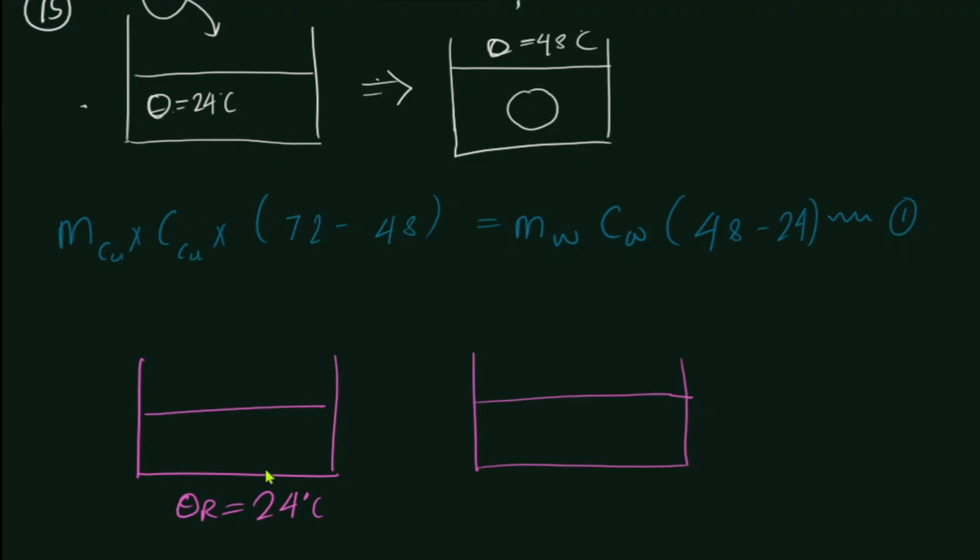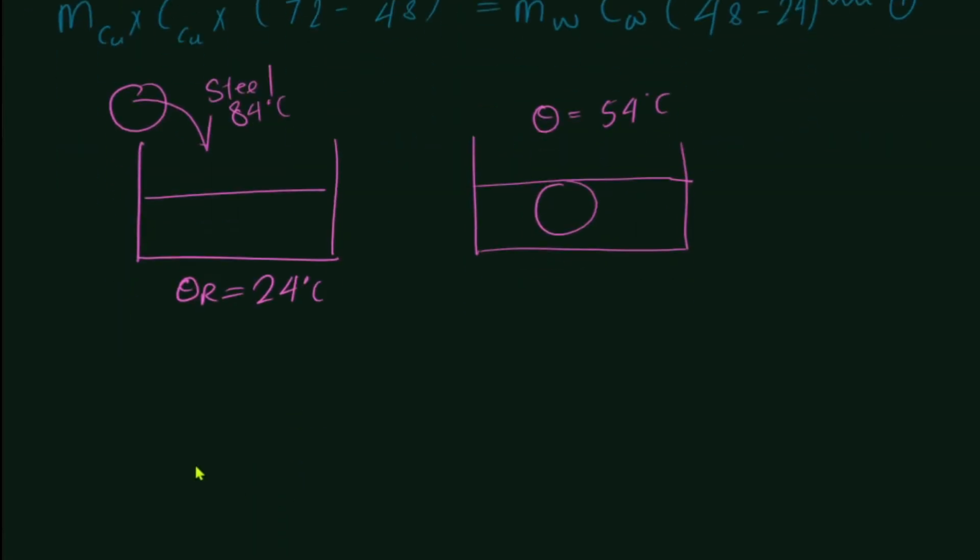Afterwards, they are going to insert a steel sphere which was at 84 degrees Celsius. After the steel sphere and water come to equilibrium, the new temperature was seen to be 54 degrees Celsius.